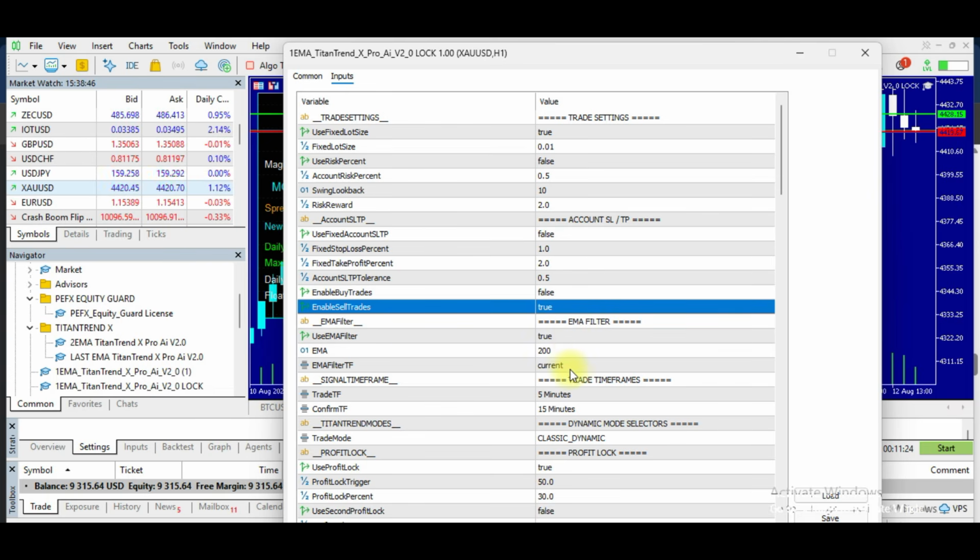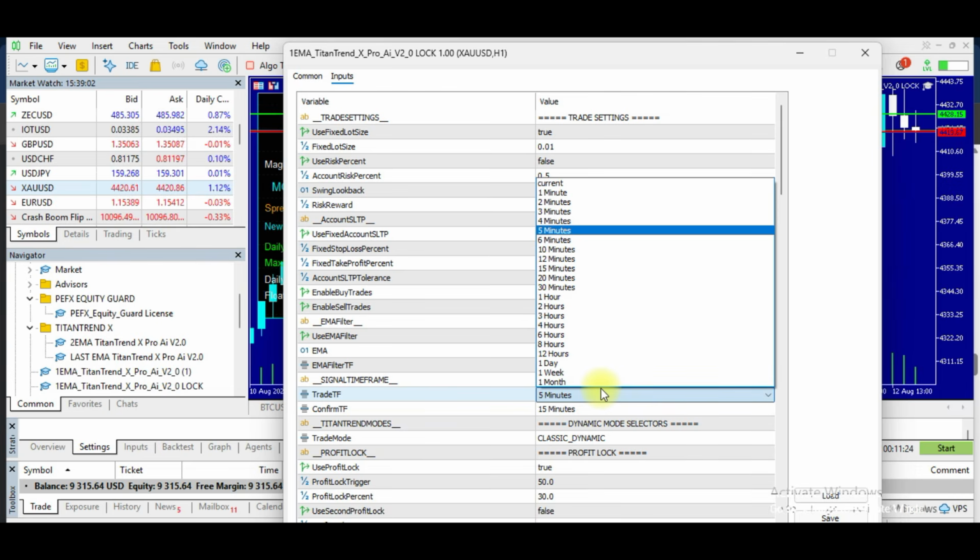Now we come down to time frame. Let me explain this time frame here. This is trade TF and confirm TF. Trade TF, the first one, means you choose the entering time frame.